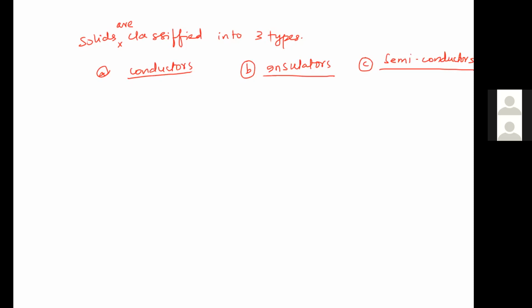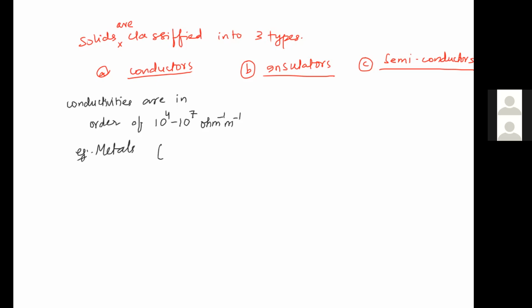Conductors try to allow the maximum portion of the applied current to flow through them, and their conductivities are in the order of 10 power 4 to 10 power 7 ohm inverse meter inverse. As we know, metals are examples of conductors.